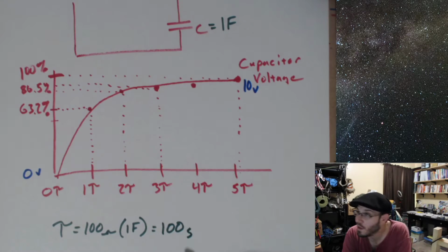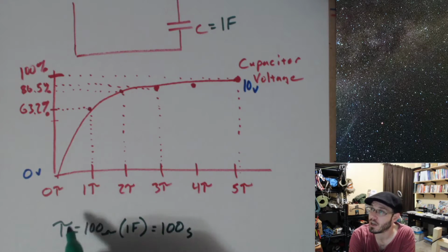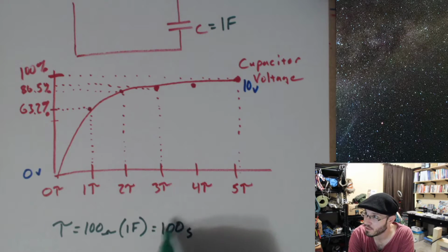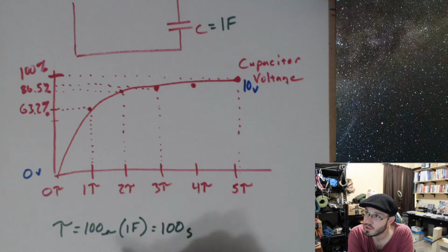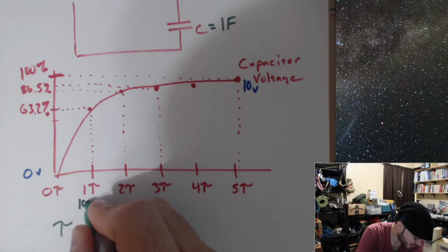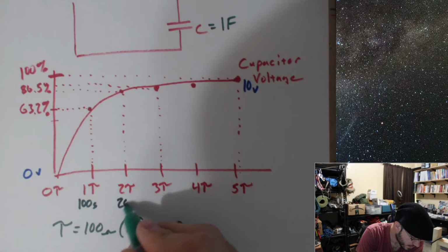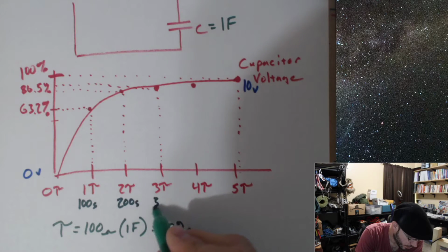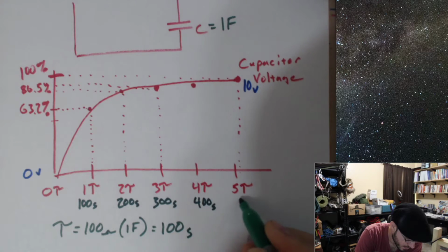100 seconds is 1 time constant, because our answer is always going to be in the base unit of seconds for time. And so this first time constant happens after 100 seconds. Our second time constant, 2 times our time constant, would be 200 seconds. 300 seconds, 400 seconds, 500 seconds.